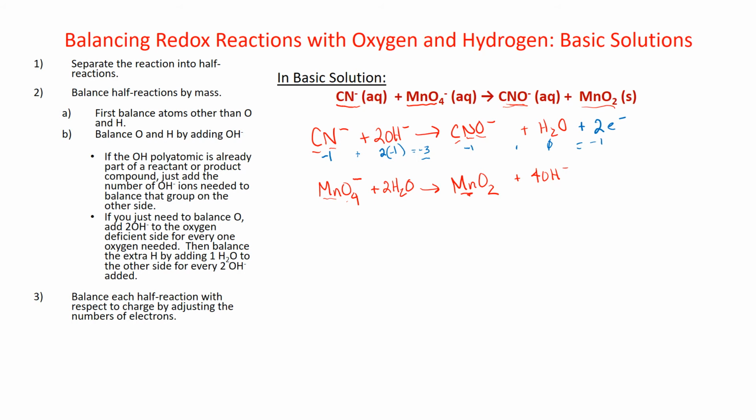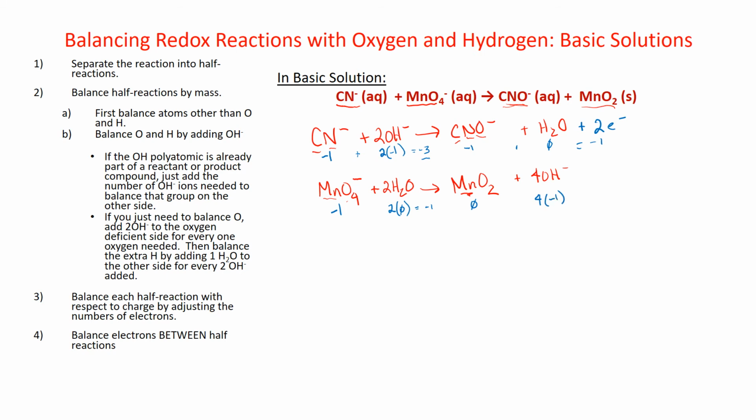I've got a -1 charge with that permanganate. I have 2 water molecules, but both of them are neutral, so that's 2 times 0, which is still 0. We add these numbers together, and it's going to give us a total of -1. My manganese dioxide has a 0 charge. It's a neutral compound, and I also have hydroxide, which has been added in here, but I've got 4 of them, each with a -1 charge.